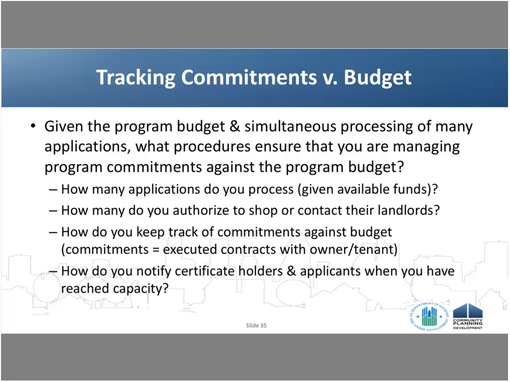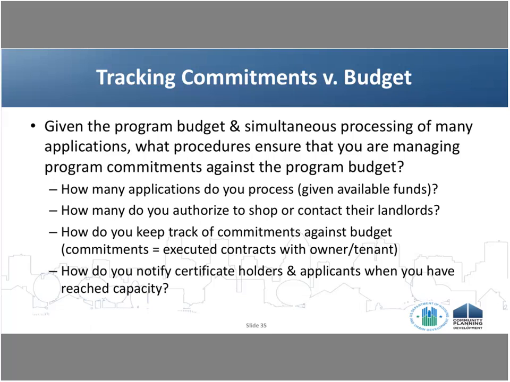Commitments being the executed contracts with the owner or tenant. And then once you reach capacity, how do you notify the applicants that they are on the wait list and they're not going to receive assistance and the assistance is committed? It seems to me that this is a challenge given the volume of activity that will occur in a very short period of time with a lot of small commitments.